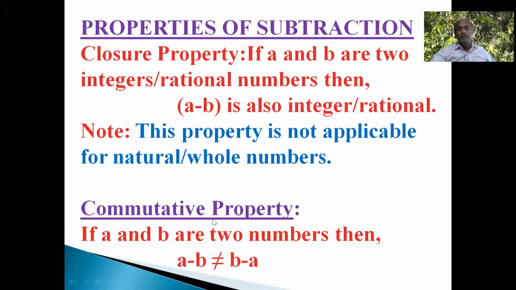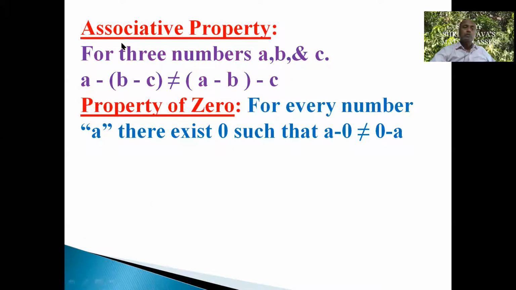Then the next property is the commutative property: if a and b are 2 numbers, then a minus b is not equal to b minus a. The associative property is also not applicable for subtraction, that is (a minus b) minus c is not equal to a minus (b minus c). Property of 0: if a is any number, 0 is also a rational number, but a minus 0 is not equal to 0 minus a.